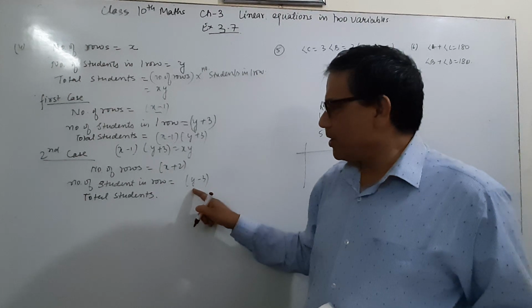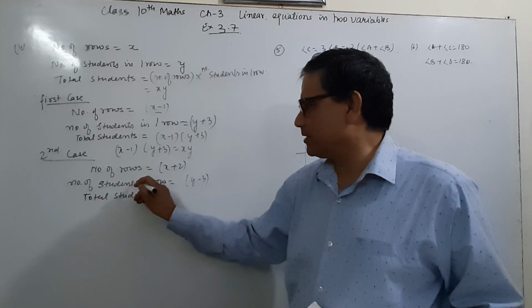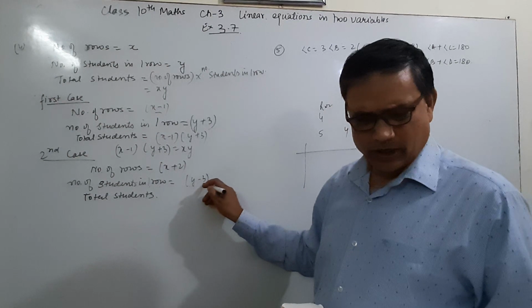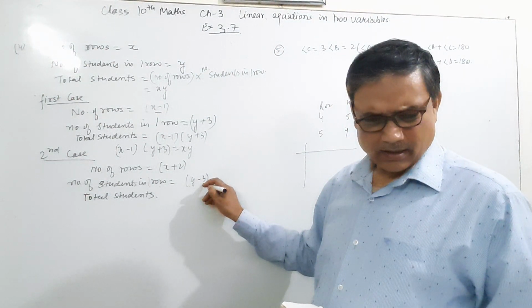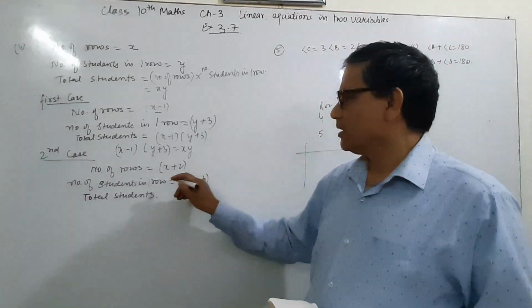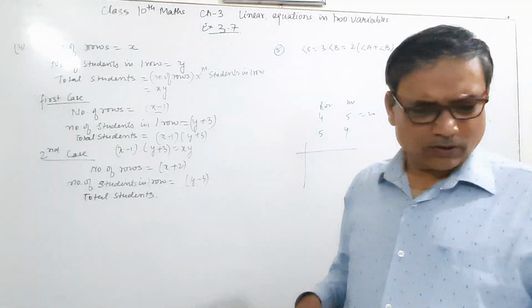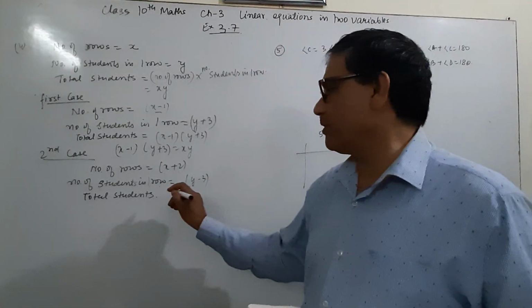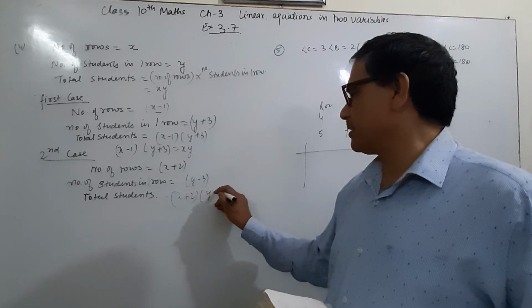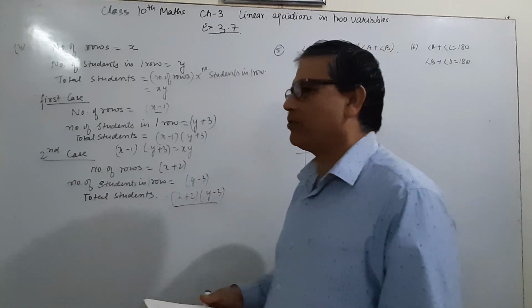When number of students in one row is equal to y, 3 are reduced, 3 less, then the rows are increased by 2. Then the number of students will be the same. x plus 2 rows and y minus 3, and this is the total number of students.